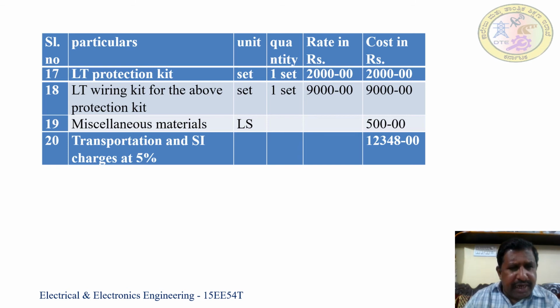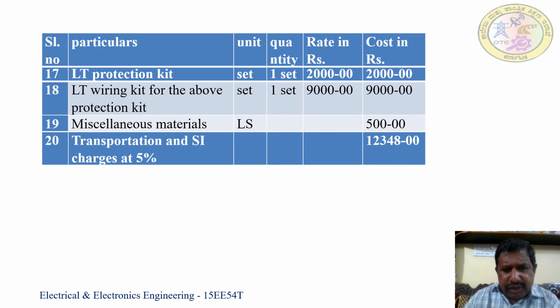Next item is LT wiring kit for the above protection unit. The unit is in set, quantity is one set, the rate per set is 9000 and the cost is also 9000 rupees. Next, miscellaneous materials, anything left out.